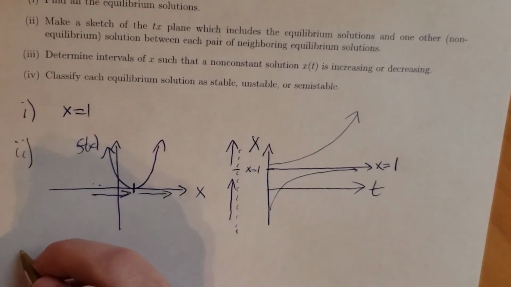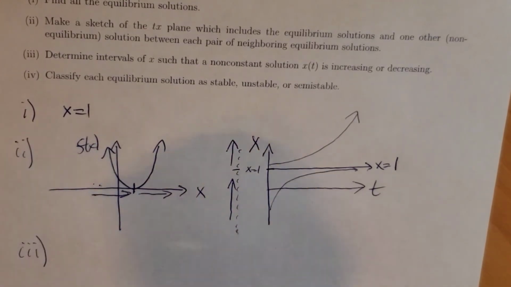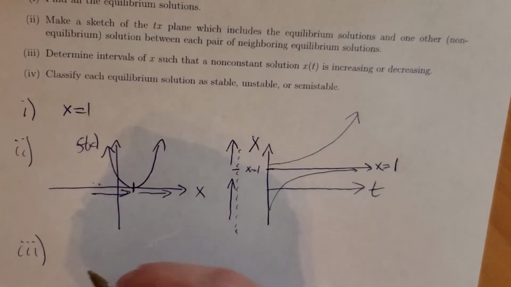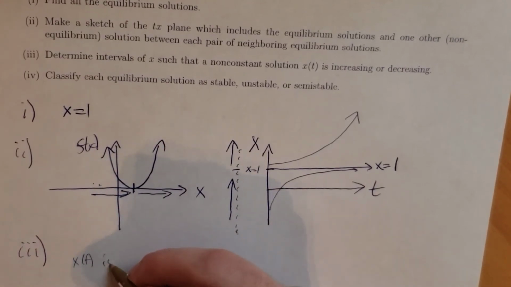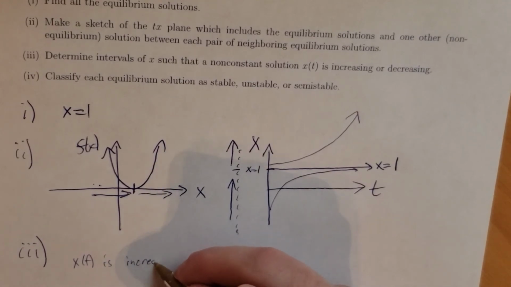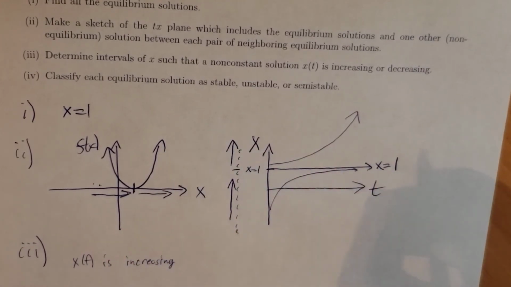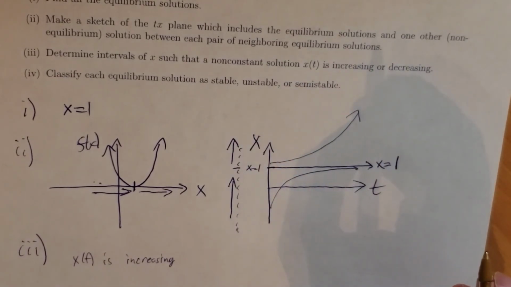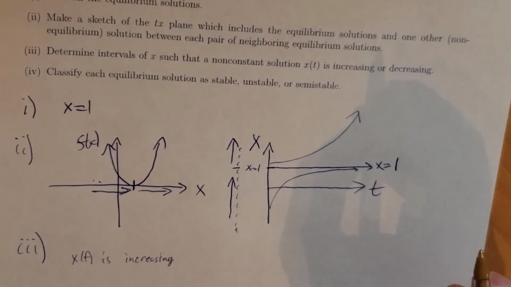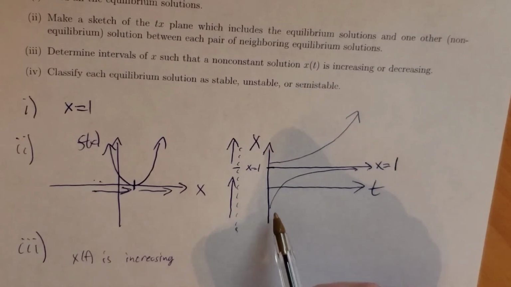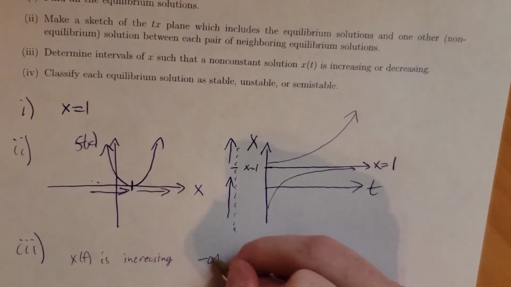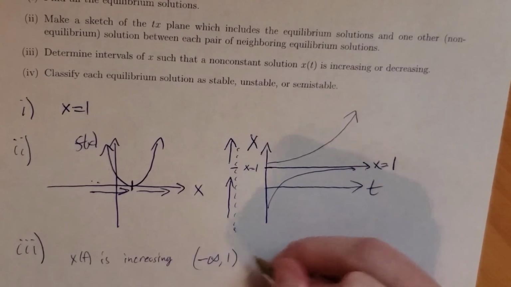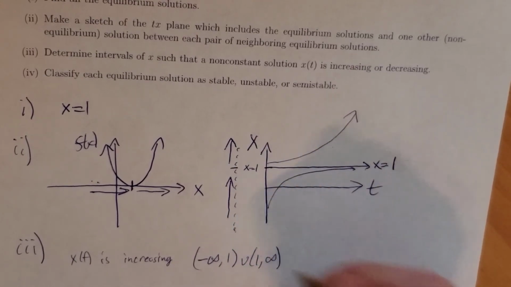And we want to determine the intervals of x that a non-constant solution x of t is increasing or decreasing. Well, x of t is increasing from negative infinity to 1, and union 1 to infinity.